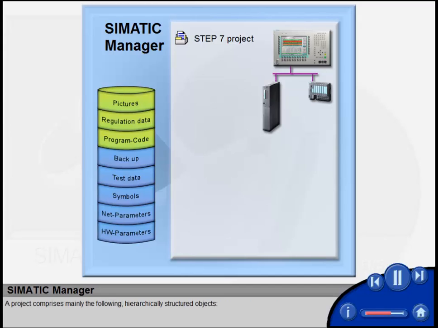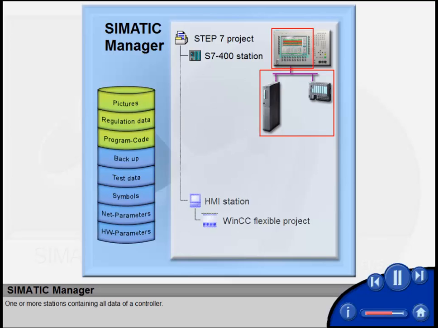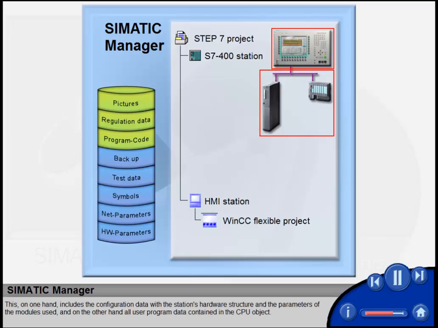A project comprises mainly the following hierarchically structured objects: one or more stations containing all the data of a controller. This, on the one hand, includes the configuration data with the station's hardware structure and the parameters of the modules used, and on the other hand, all user program data contained in the CPU object.